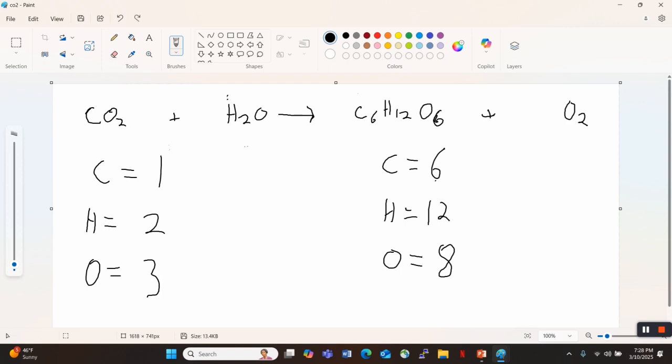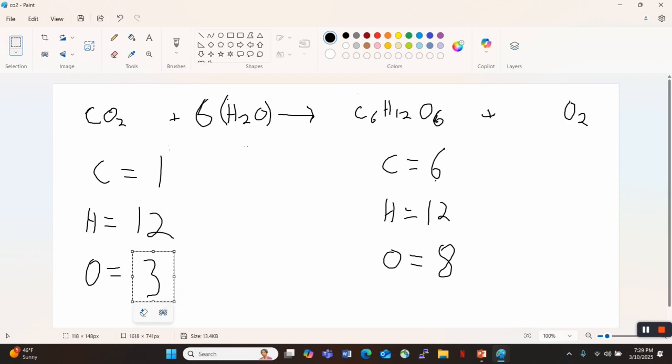So if we want to balance the number of hydrogens on the reactant and product sides of our equation, we are going to have to multiply our water molecule by 6, such that we wind up with 12 hydrogen atoms on the left-hand side of our equation. So in addition to changing the number of hydrogen atoms, we're also going to go from having 3 oxygens to 8.